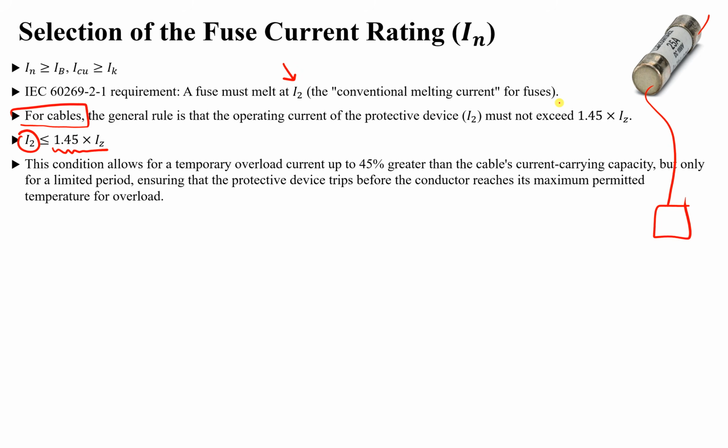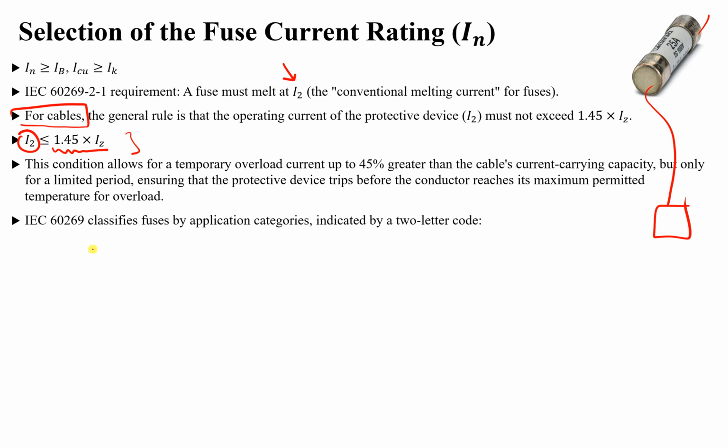Now, why is this? In order to prevent the insulation of our cables from reaching its temperature limit. So this is an additional rule for fuses inside the IEC standard.